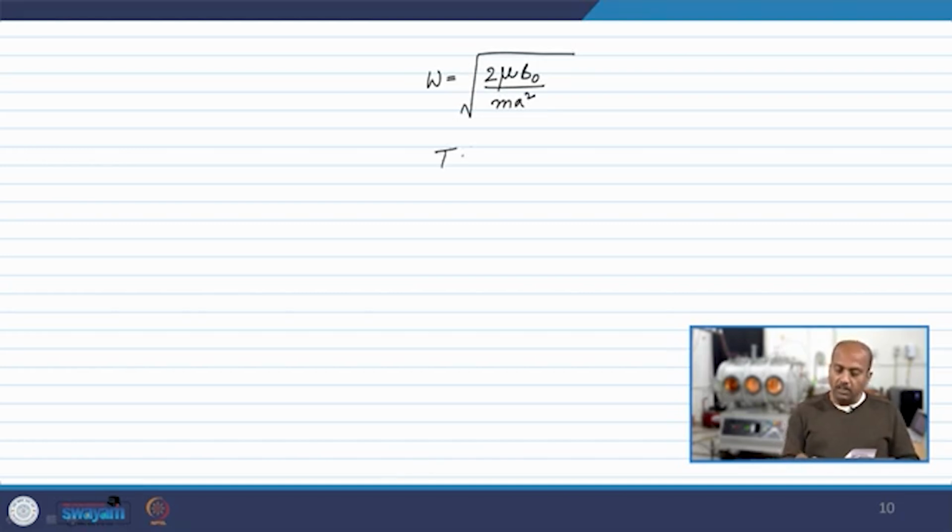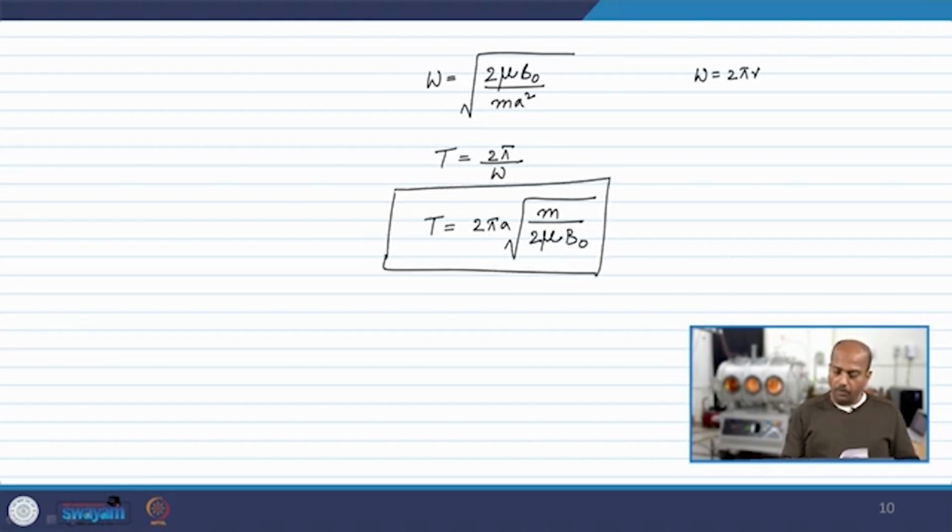So the time period that is associated with the simple harmonic motion is 2 pi by omega. Omega is angular frequency, omega is 2 pi nu. So we know the value of omega, right? So we can write the time period as 2 pi times the square root of m by 2 mu B naught, right.